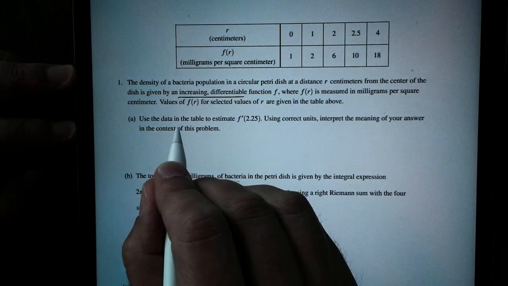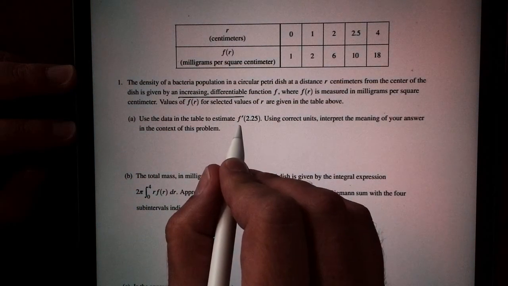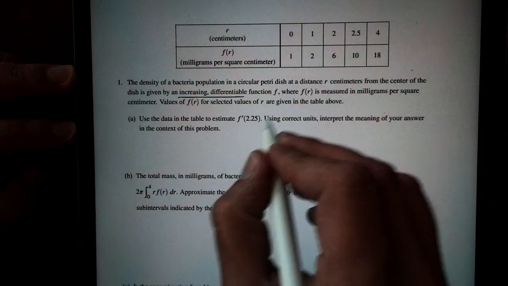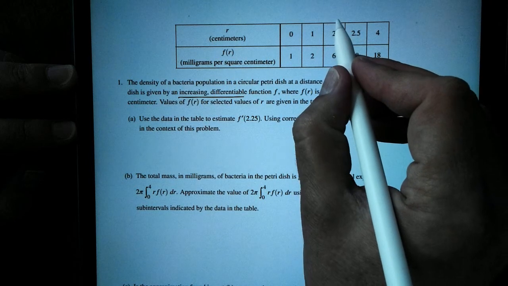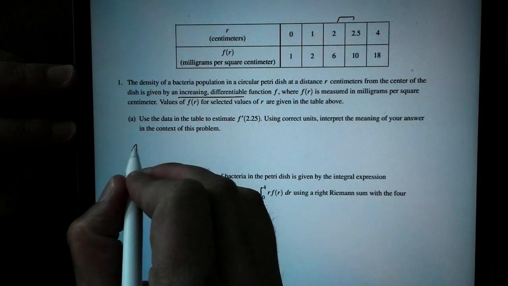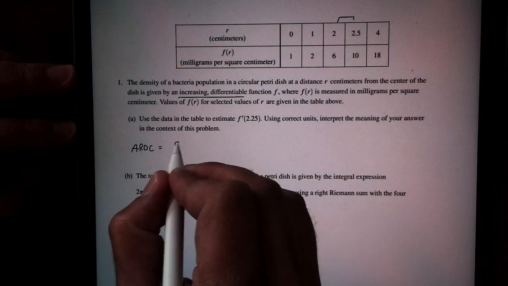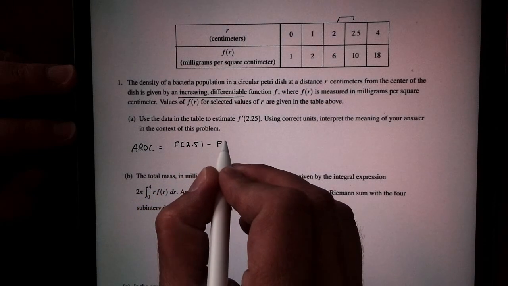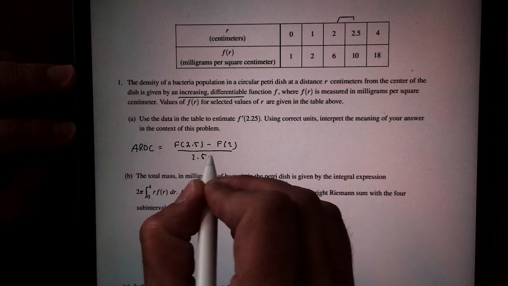So for question A, it says, use the data in the table to estimate f prime of 2.25. So I don't really have a value there, but I know 2.25 is between 2 and 2.5. So this is just our average rate of change formula. That's going to be f of 2.5 minus f of 2 over 2.5 minus 2.